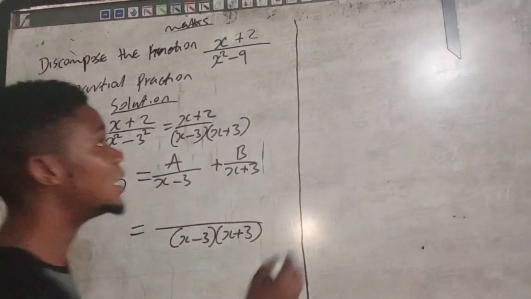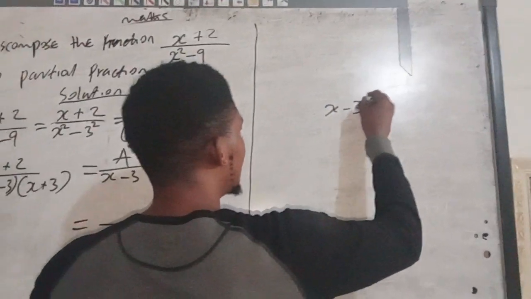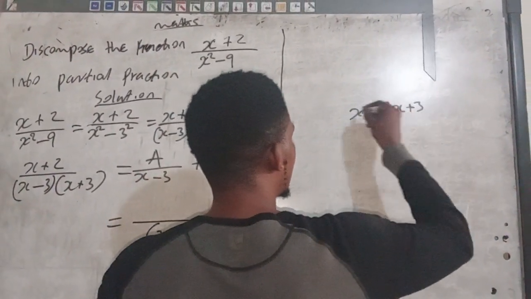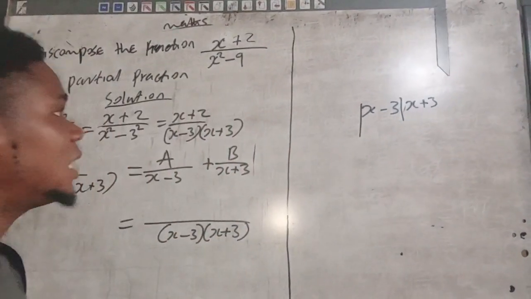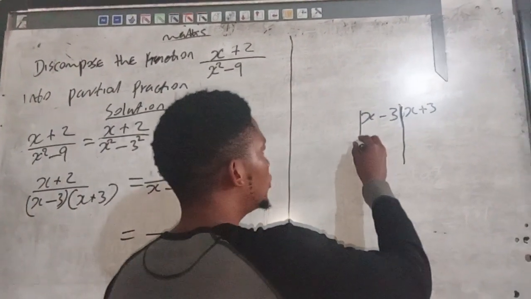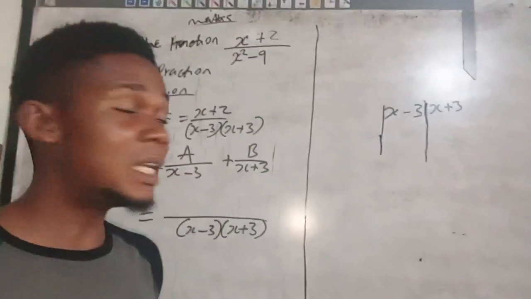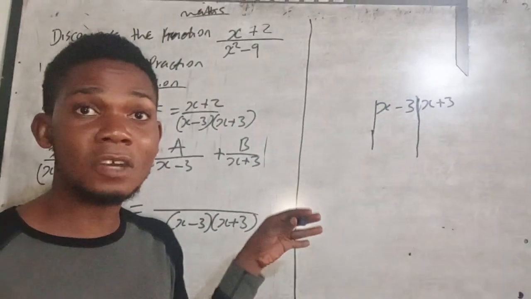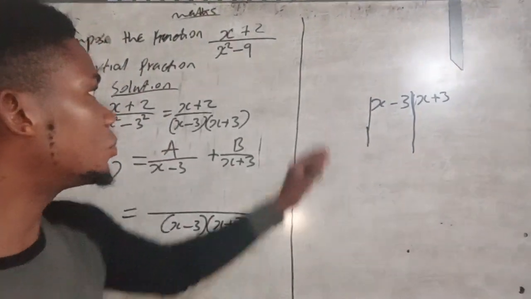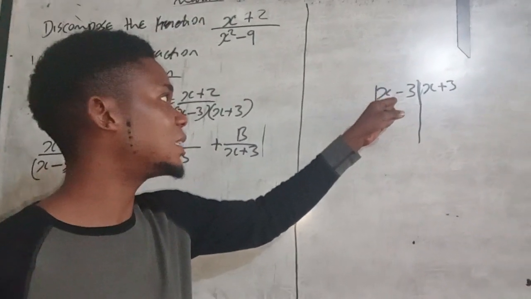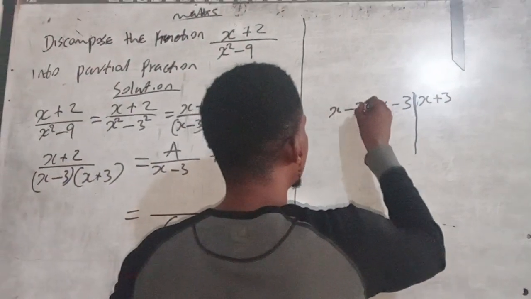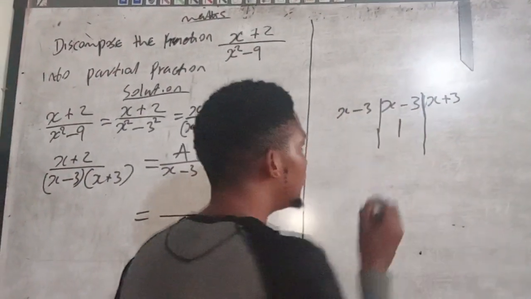Because finding the LCM, we have x minus 3 and x plus 3. Now in LCM, when we are using the table method, what we are interested in is to divide each of them and reduce them to the lowest part, which is 1. We start with dividing x minus 3 first. We have x minus 3; when we divide it, we get 1.